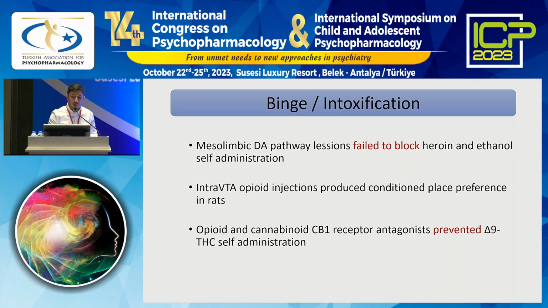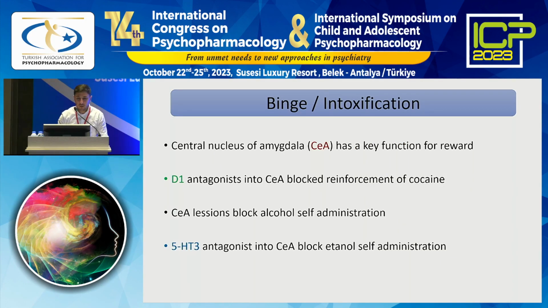Also for opioids and cannabinoids, we can speak about positive reinforcement. The cannabinoidergic system plays a part in this process, whereas CB1 receptor antagonists prevent the system from being activated.